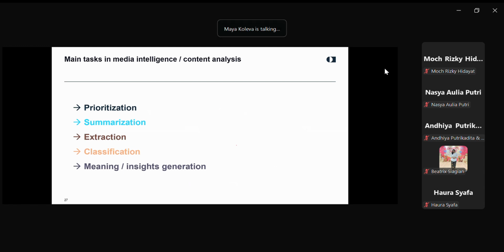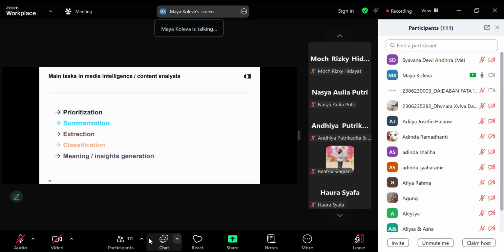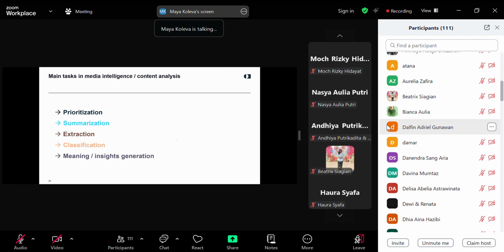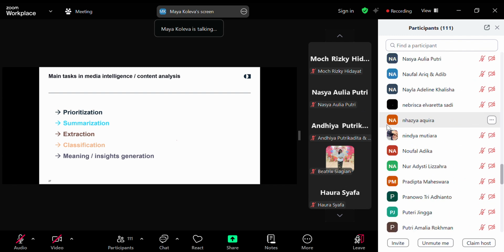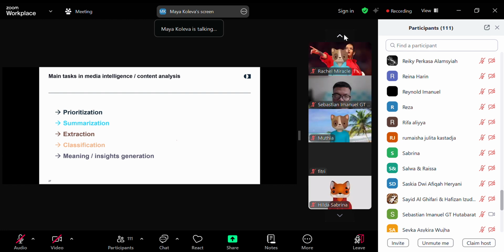From my research, both from what we are doing in my company, but also from talking to many peers in the industry, these are the main tasks in media intelligence and content analysis where AI models help. Prioritization. What do we mean here? What type of content matters most? Why?